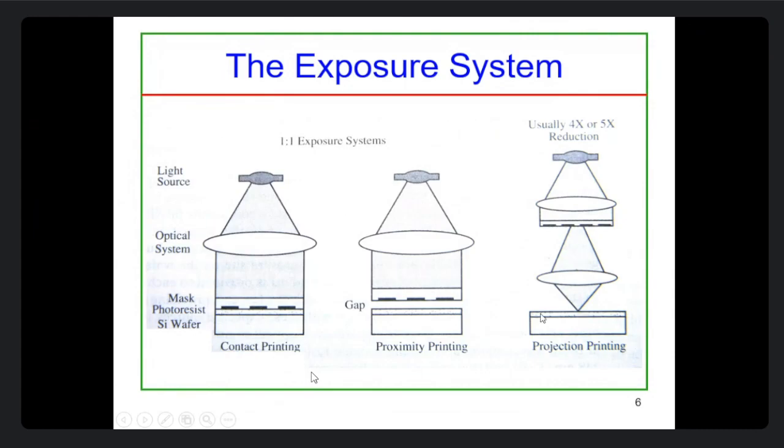Actually this is another advantage I missed. That point, you see, is very clear from this figure also.